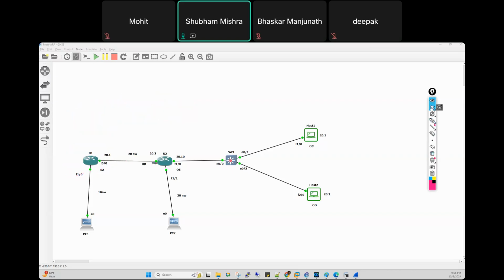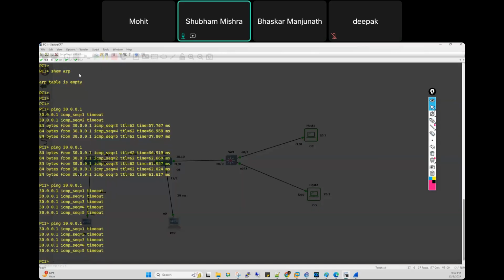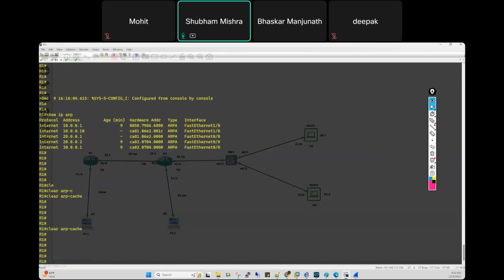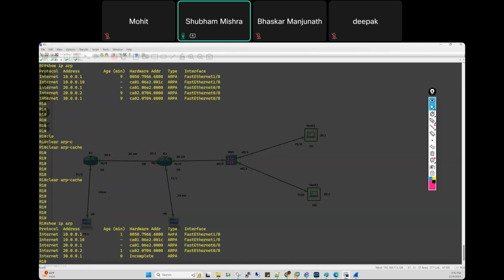Are you getting my point? Yes or no? For example, come to R1. Now show ip arp. See, R1 is sending the ARP request for 30.1, but what have you done on R2? You have turned off proxy ARP.